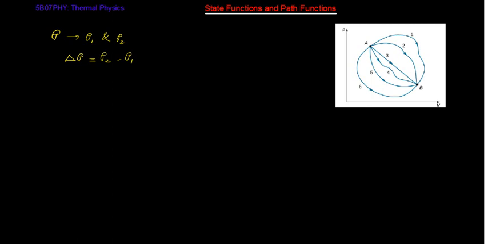When you write delta P equal to P2 minus P1, you are least bothered about how the system has changed its pressure from P1 to P2. We consider only the initial value of the pressure and the final value of the pressure of the system. That means we do not give importance to the path followed by the system in reaching from initial pressure to the final pressure.